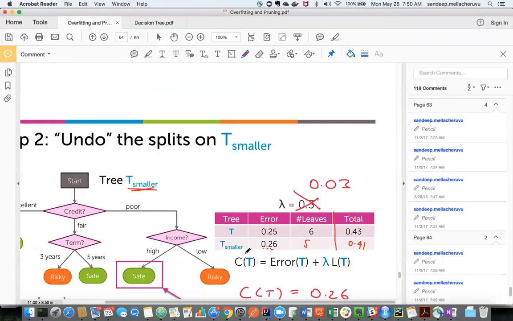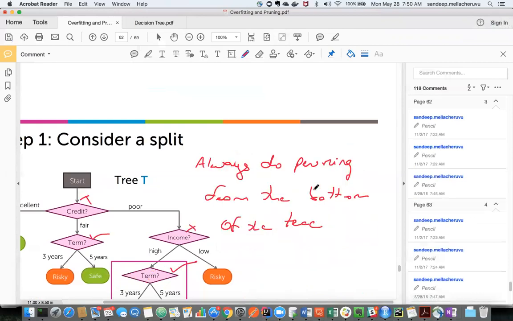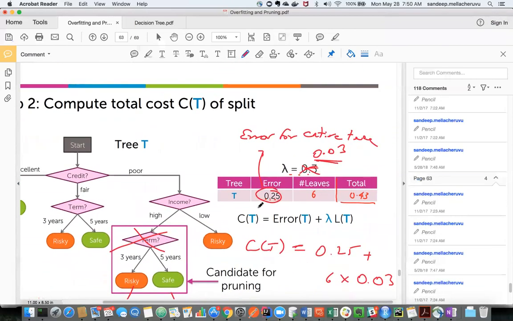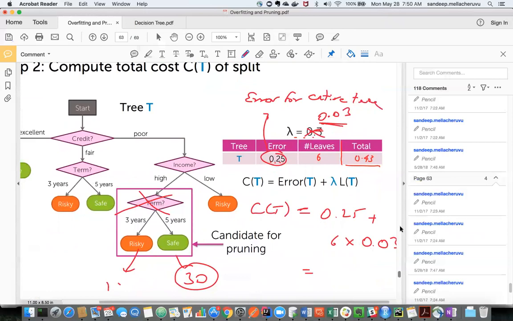Now, what you do here, before pruning, you calculated the total cost, which is nothing but 0.25 plus 0.003 into 6, which is coming as 0.43. So before pruning, our cost of the tree is 0.43.